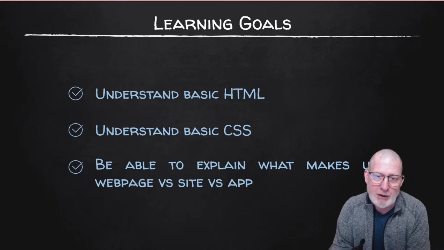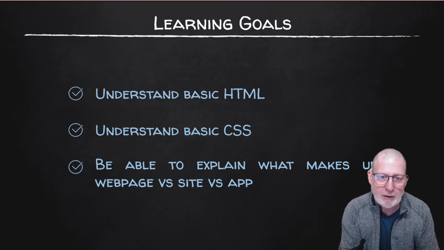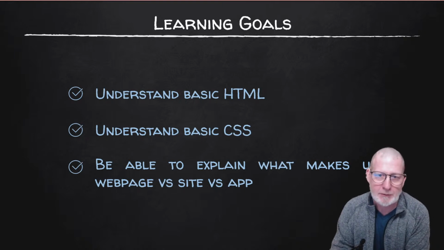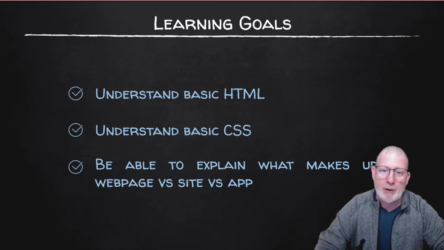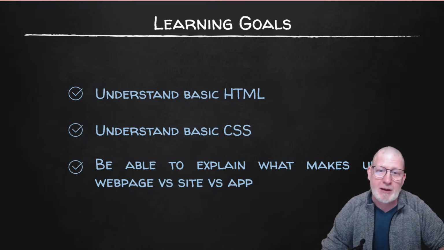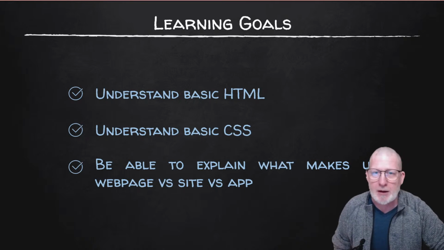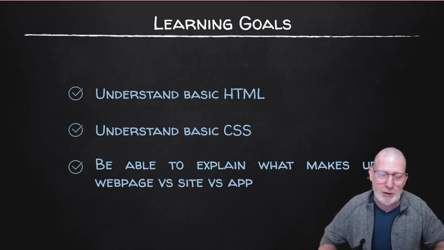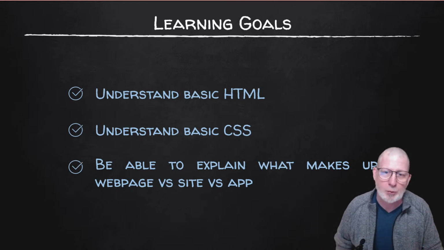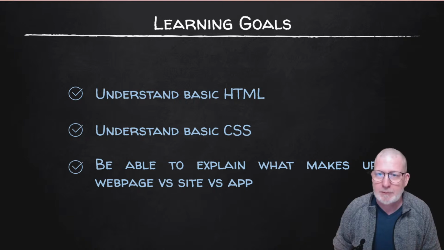So we want the structure in one document, and we want the look and feel in another. We want to separate out the structure from the look and feel because there are lots of times when we want to change the look and feel, but the content and the structure is fine. So by separating them into separate components, we can modify one or the other without impacting the opposite one.